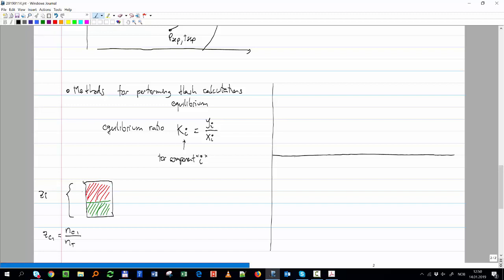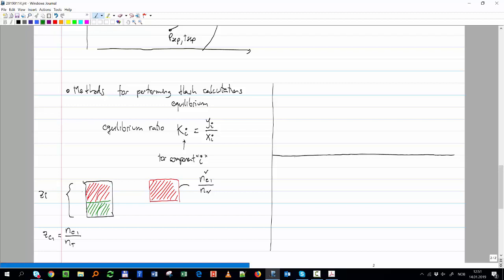Now, Yi is if I take only the gas part, and I say the number of moles of methane in the vapor divided by the total number of moles in the vapor.